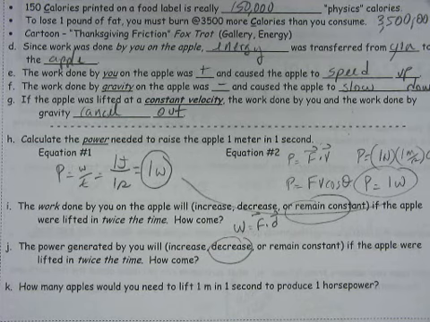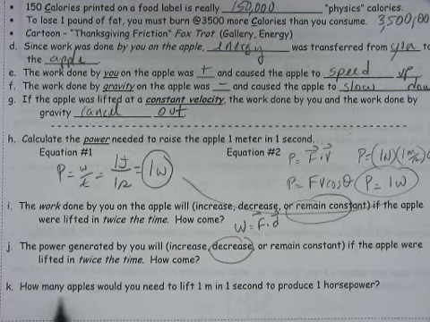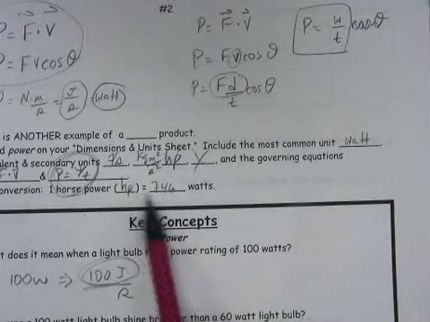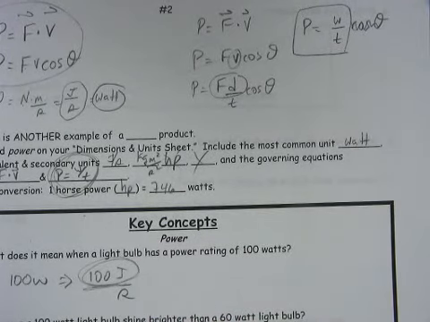And then letter K, how many apples will you need to lift 1 meter in 1 second to produce 1 horsepower? Well, if we go back to the previous page, we found out that 1 horsepower is 746 watts.